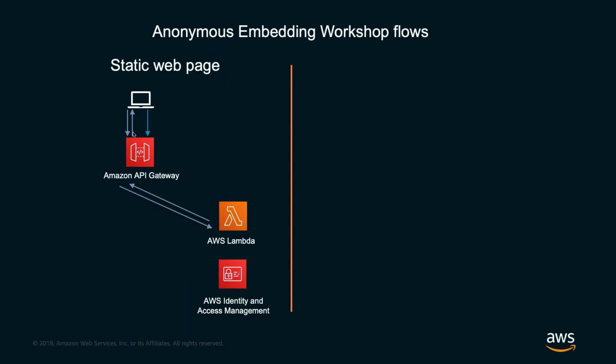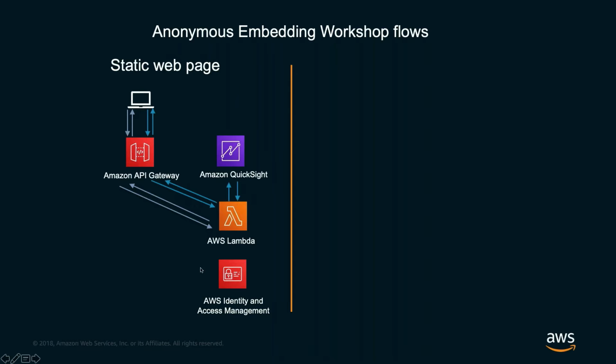Now that script is executing and it's asking for an embed URL. API gateway will again invoke Lambda. Lambda will work with QuickSight to get that URL generated, the API that I just showed ahead of getting into this. And once that URL is available, it's sent back via API gateway to the client side, and our front-end library will take that embed URL and embed that into a div that's allocated on that static page.